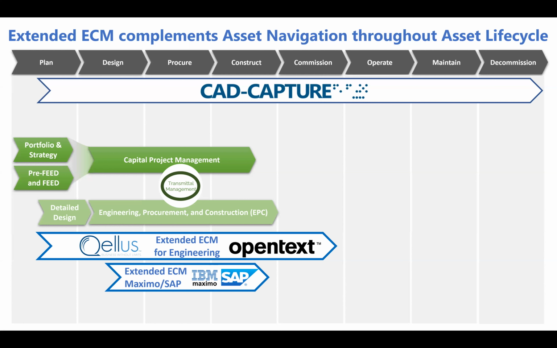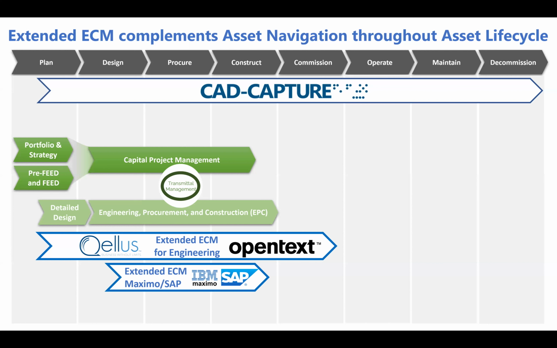Also, during the EPC process, there's a tremendous amount of procurement that goes on. So with Extended ECM for either Maximo or SAP, depending on where you do your ERP and your purchasing, imagine, as Chris showed, it's not just engineering drawings. However, the purchasing agent may be able to access those and use that asset navigation.